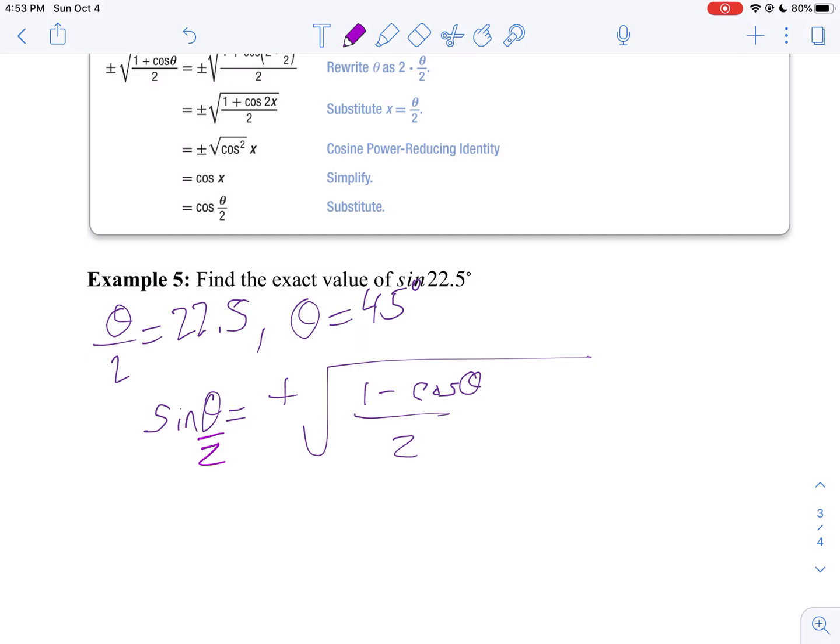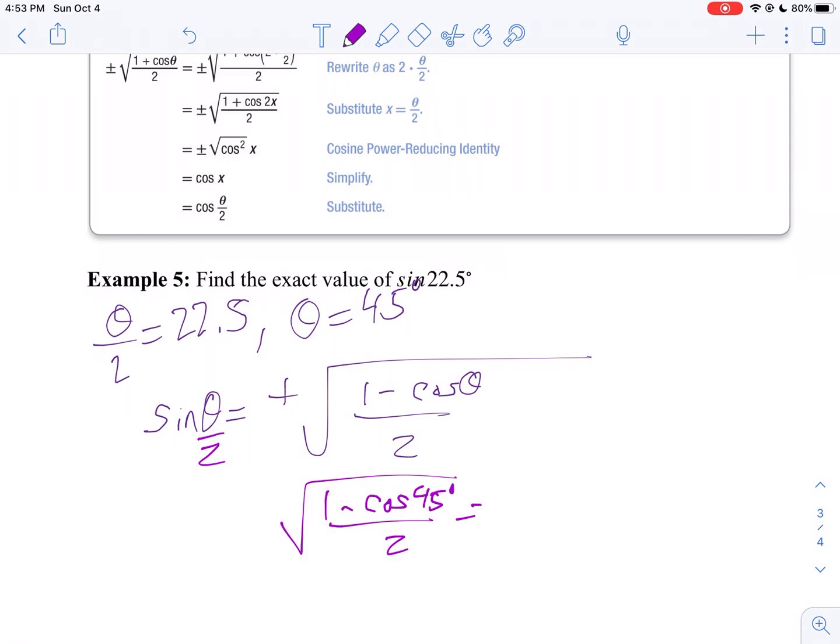So the square root of 1 minus the cosine of 45 degrees all over 2. Well, the cosine of 45 degrees is square root of 2 over 2, isn't it?